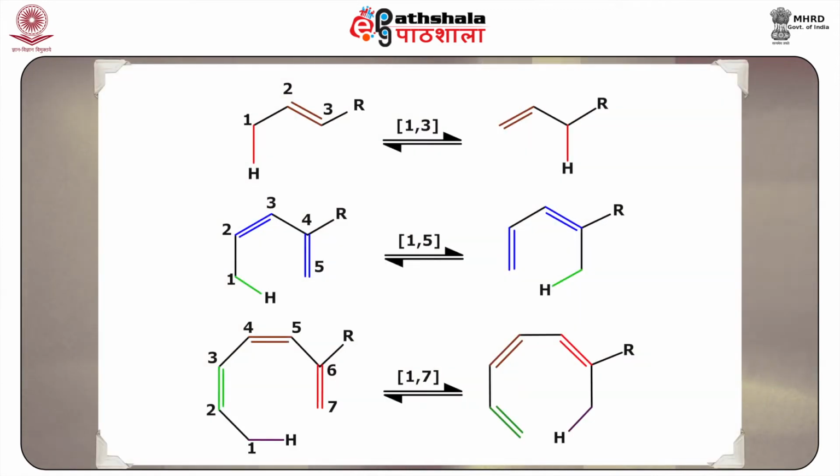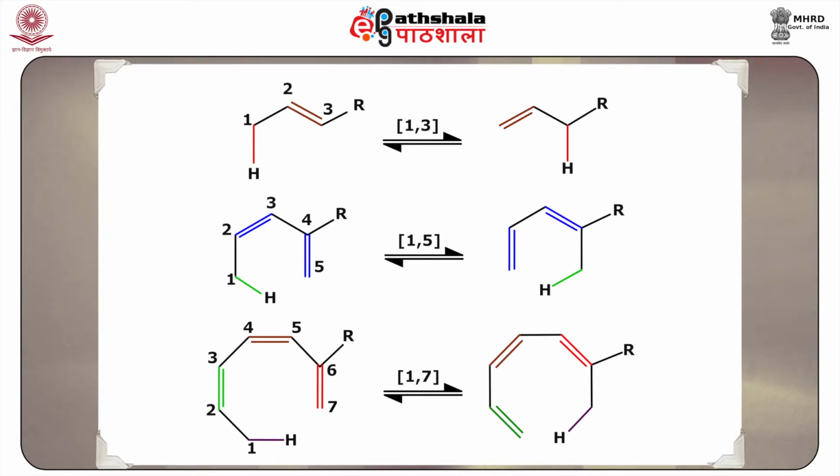When determining the order of a sigmatropic shift involving a hydrogen atom migration, it is important to count across all atoms of the chain involved in the reaction rather than only across the closest atoms. Following are the examples of some of the sigmatropic shift reactions.